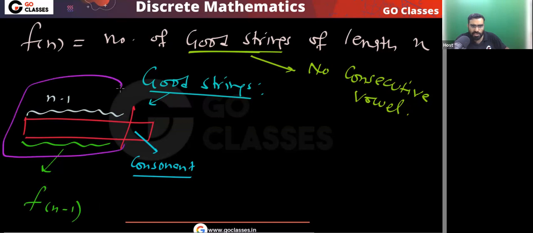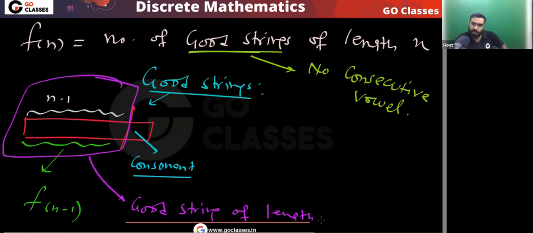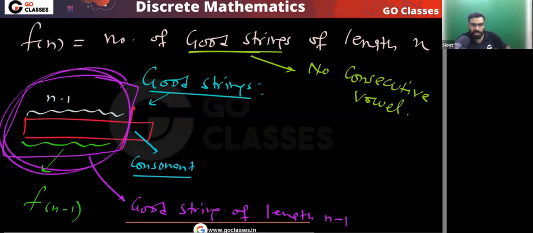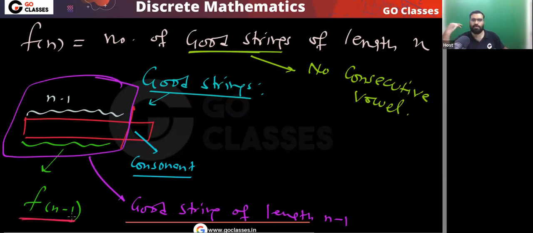Here you must have a good string of length n-1. So far agree with me? So that is nothing but fn-1.